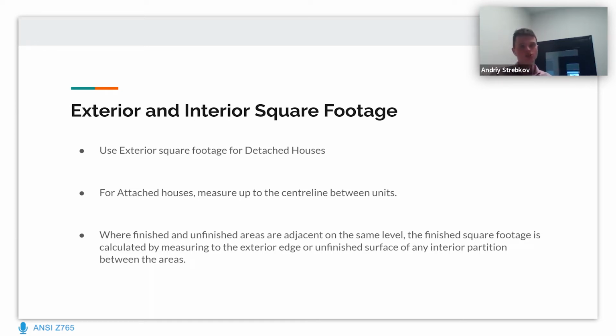So essentially you measure to the exterior wall on the side of the garage, if it makes sense. You don't have to really worry that much about it. We at iGUIDE will take care of it as long as you scan the house properly and provide us the wall thickness. So you don't have to worry about these details that much.